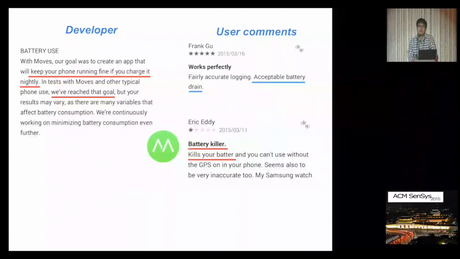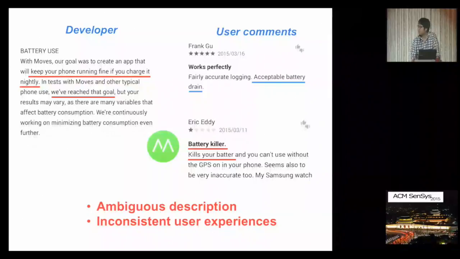But these are not that practical yet. In many cases, the description is very ambiguous, and also, the user comments are inconsistent. These two comments are from the same application and around the same time. The upper user complimented its acceptable battery drain, but the lower user was furious about its battery.